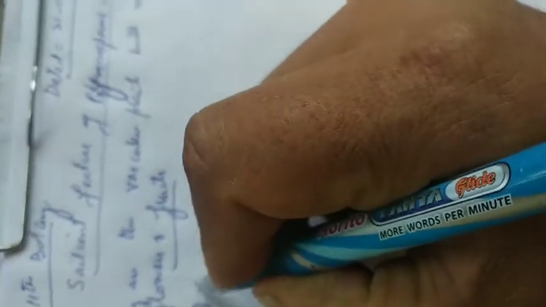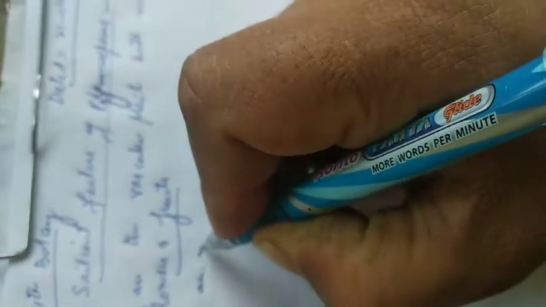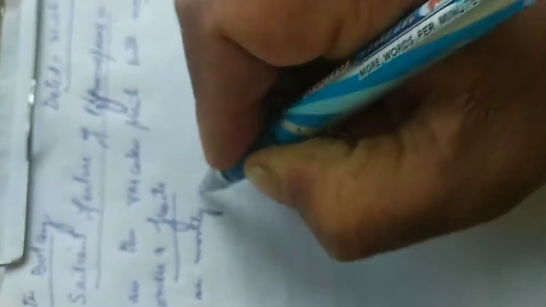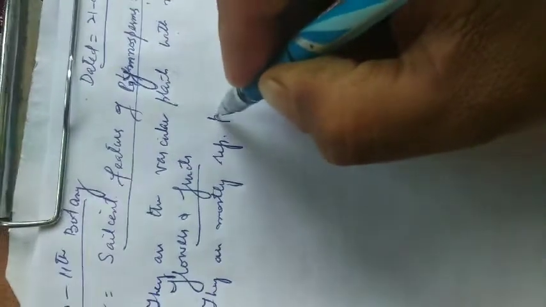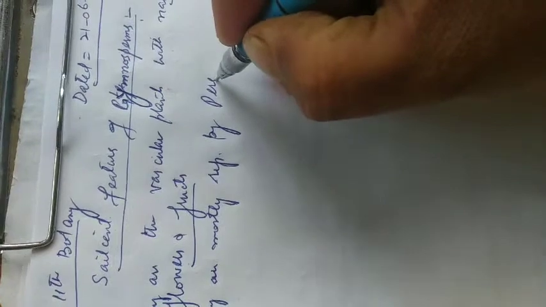Second feature, they are mostly represented by perennial, woody, evergreen shrubs and trees.